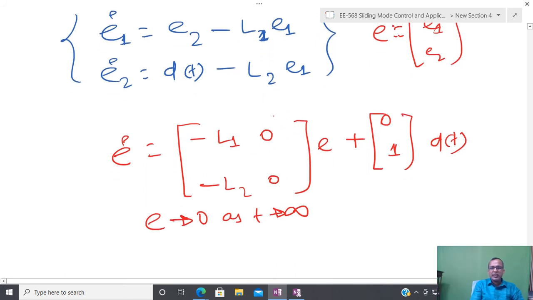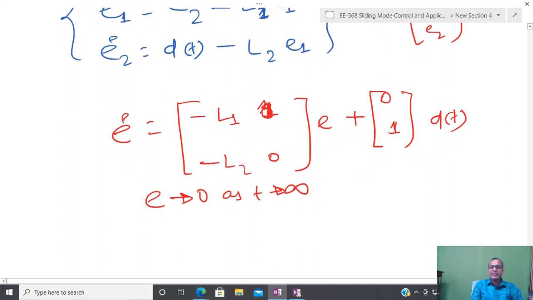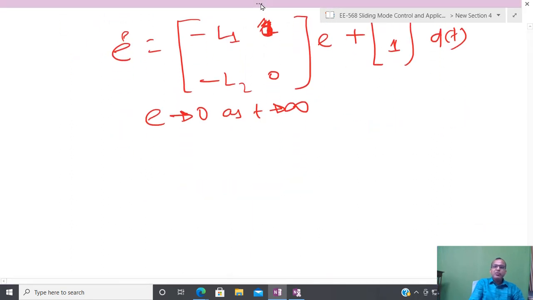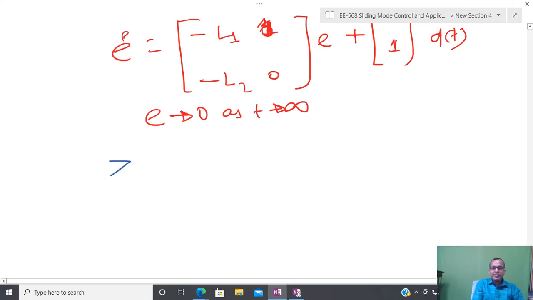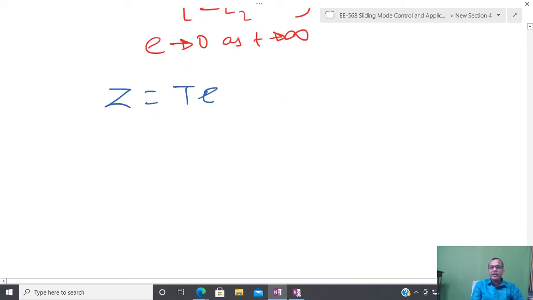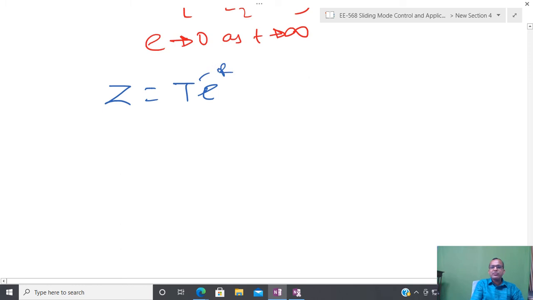So here I have disturbance, and we have already seen what happens when there is disturbance. You can apply a transformation like Z equal to T into E, where T is some 2 cross 2 constant matrix, and Z dot equal to T into E dot.